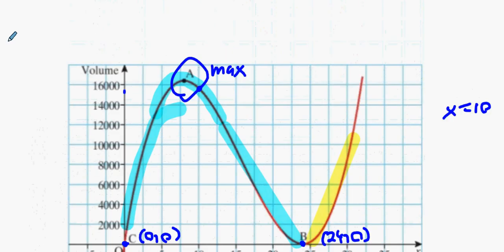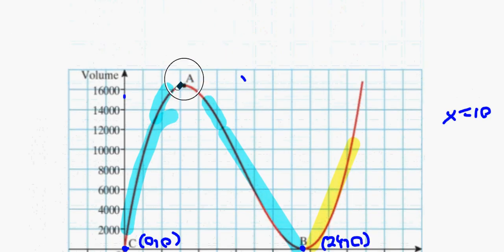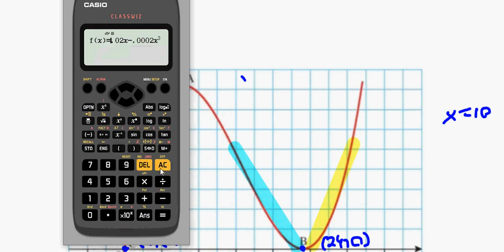Estimate from the graph the maximum volume. Okay, interesting. Let's do this. Let's go across. What do you reckon? 16,100, 16,200? Is there a way we can cheat? Table function. If you put it into the table function, what did we say it was? 8x on the outside, wasn't it?